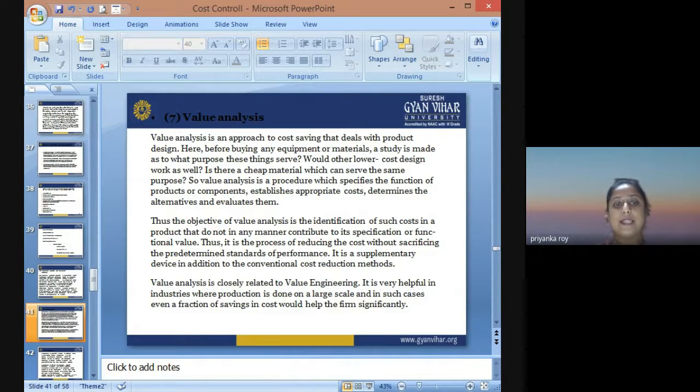Now, value analysis is closely related to value engineering. It is very helpful in industries where production is done on a large scale, and in such cases, even a fraction of saving in cost would help performance significantly.